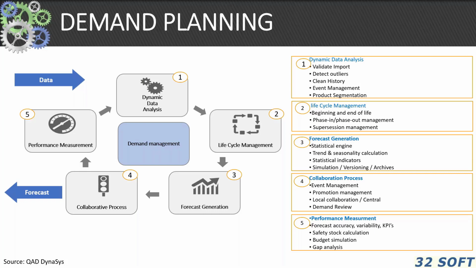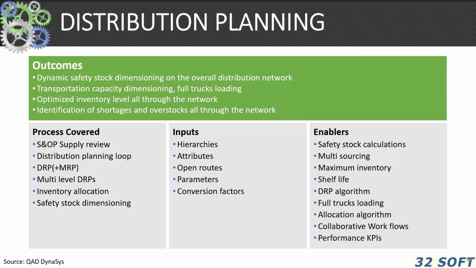Then it calculates the forecast with the DynaSys statistical engine, including trend analysis, seasonality calculations, engineering factors, simulation, versioning, and archiving. Then it goes out to the partner network through a collaboration process with event management for your partners, suppliers, and customers. Once the forecast is finalized and approved, it is exported to QAD 2021.